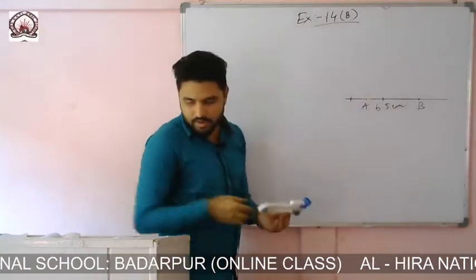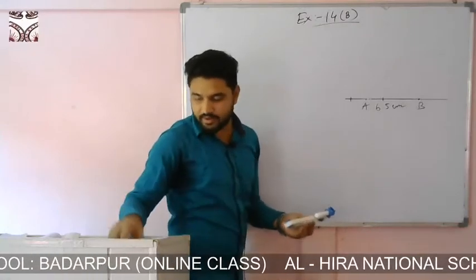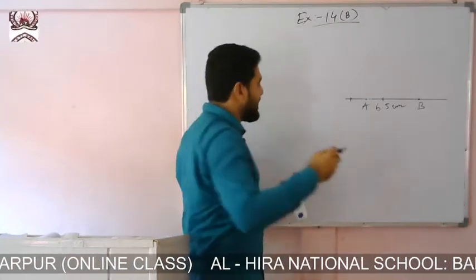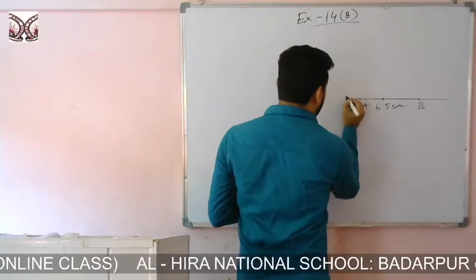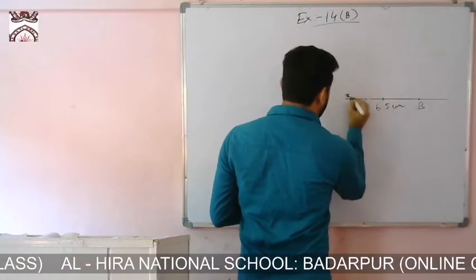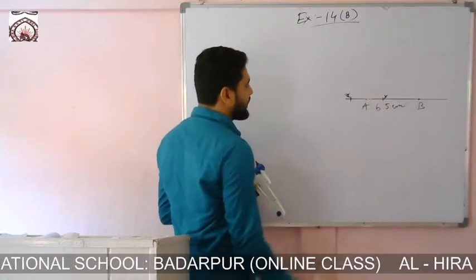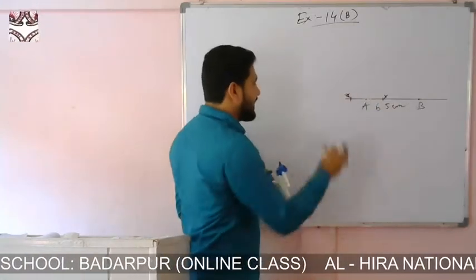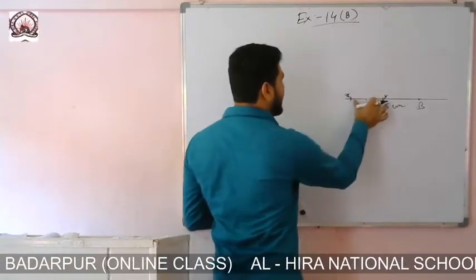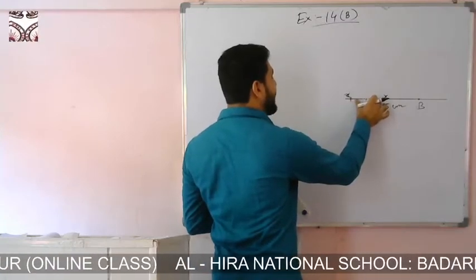You mark the two points, one as x and this one as y. Then as earlier, take a distance more than half of x and y.